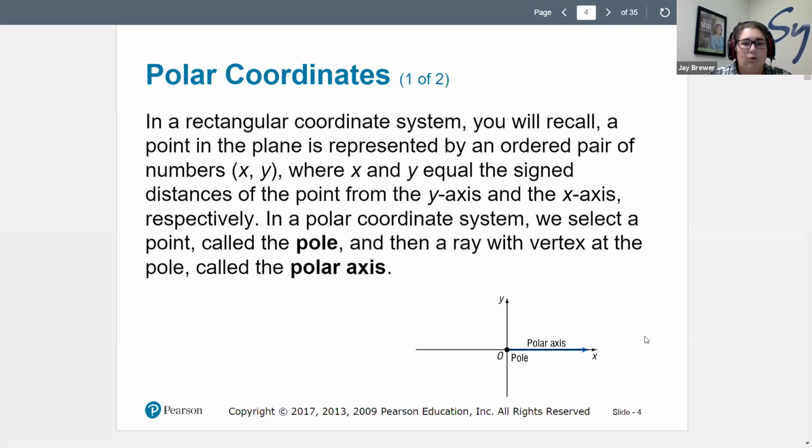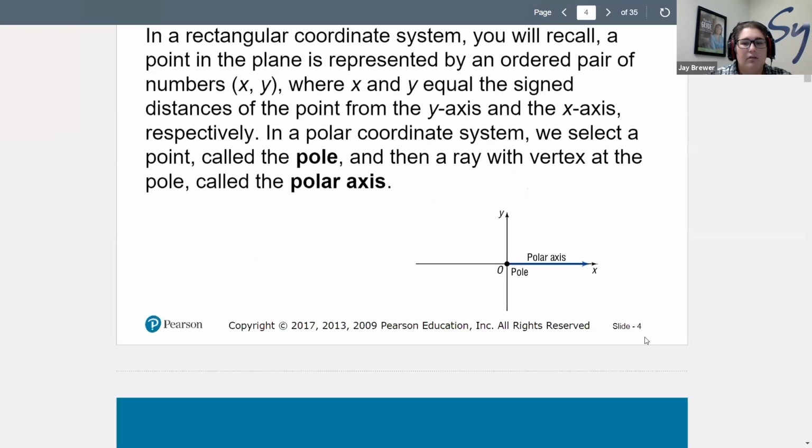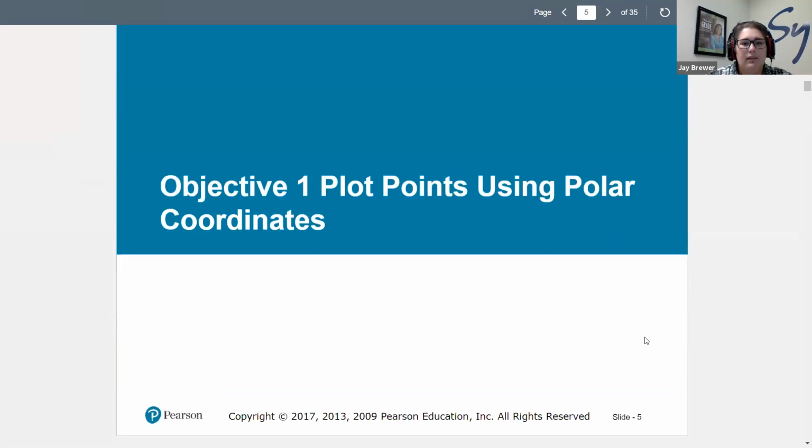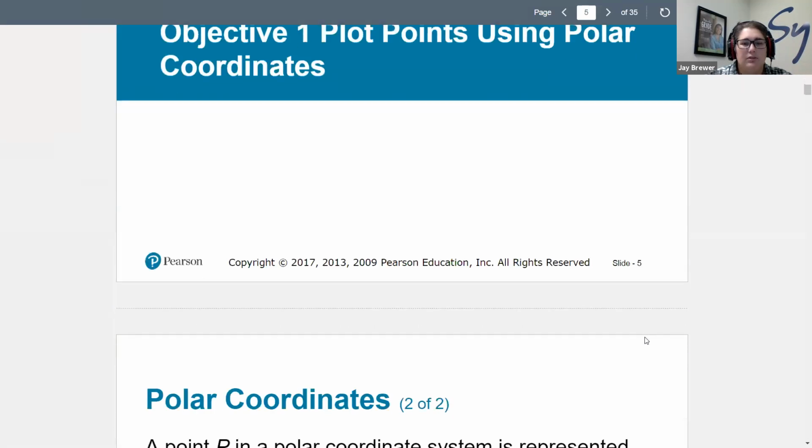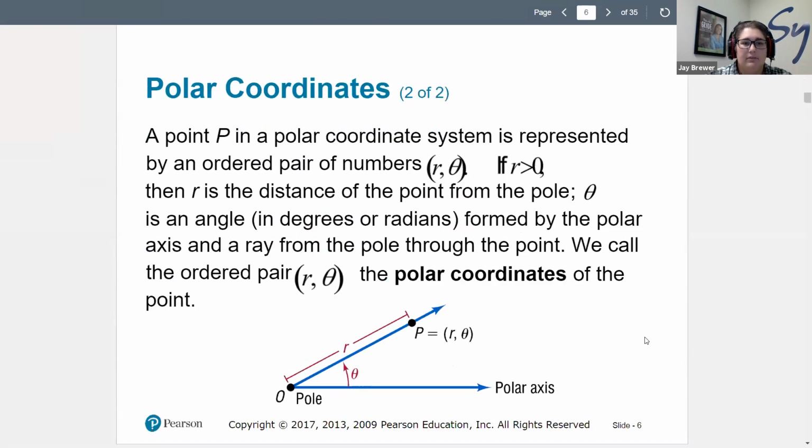Instead of having x and y, we're going to have r and theta, so essentially radius and theta. And if I go too fast, please just watch the video or tell me to go back. This is your class, so if you need me to go back, I'll definitely go back.